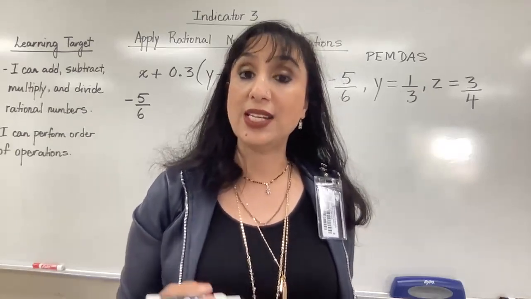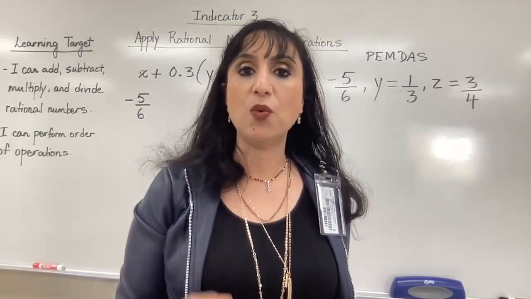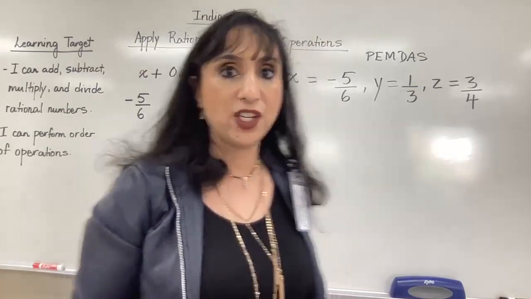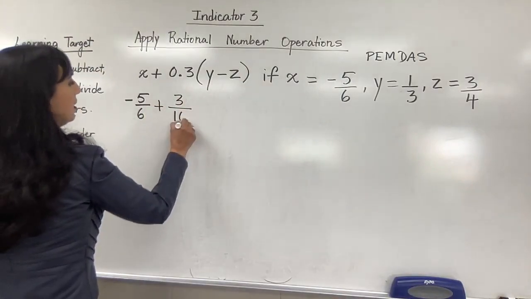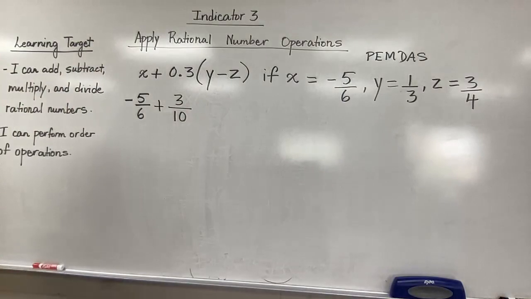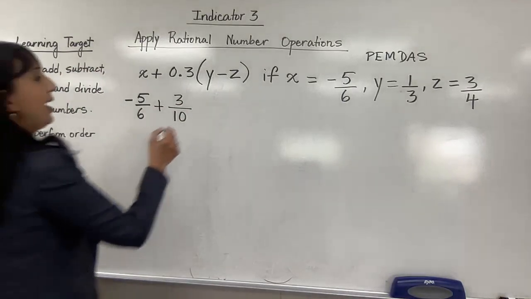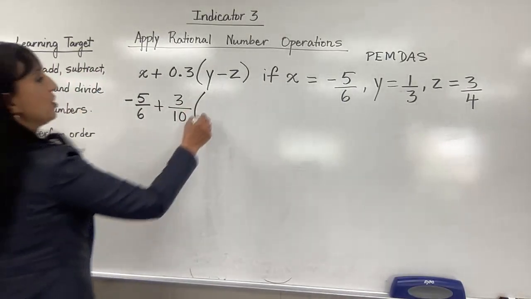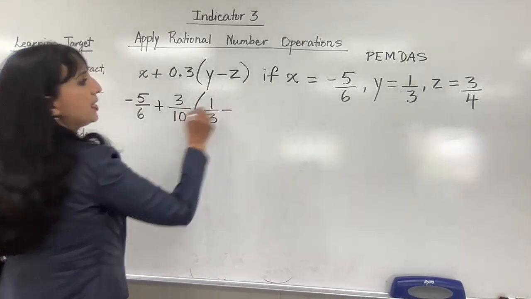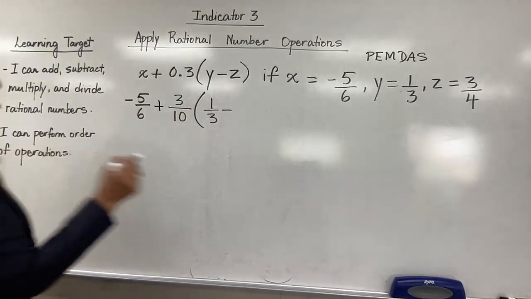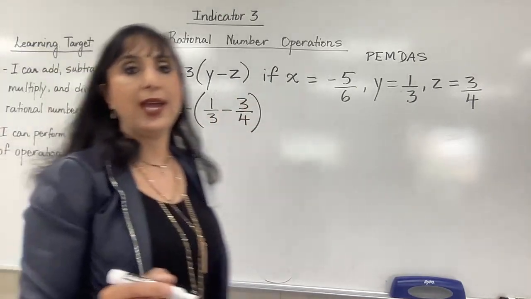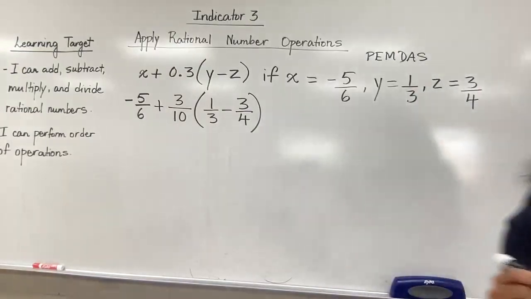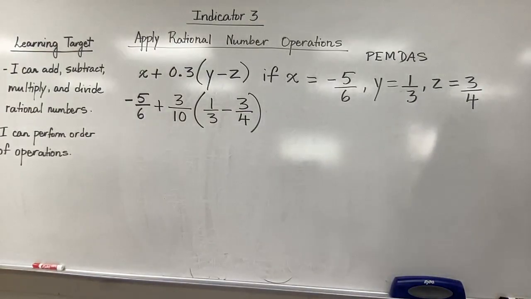So if I say 3/10, it is actually what? 3/10 as a fraction. So plus 3/10, I'm going to write it like this. And then y is equal to 1/3 minus z, which is equal to 3/4. So y is equal to 1/3 and z is equal to 3/4, and so that's what I'm going to do first.